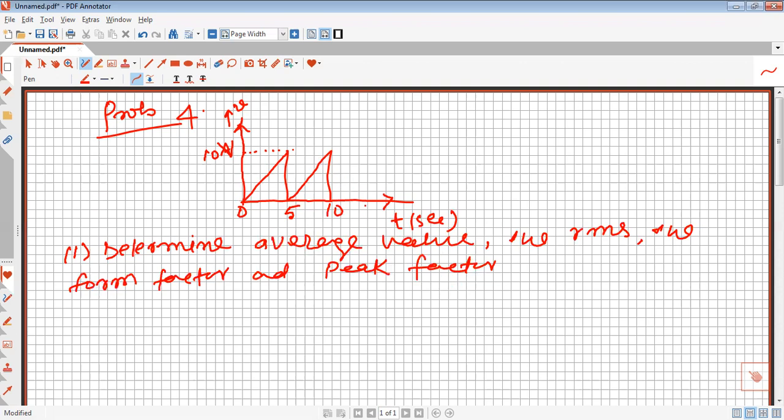This waveform is called a sawtooth waveform. Its maximum voltage, the peak value, is given as 10 volt.